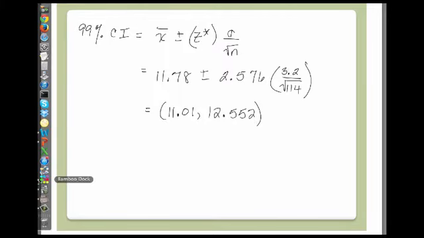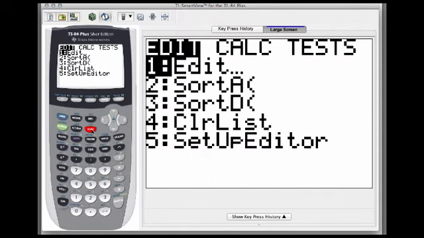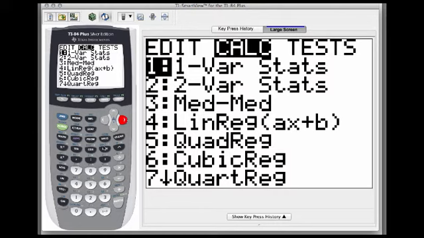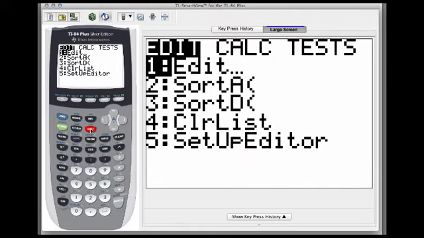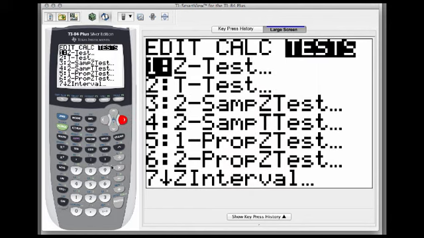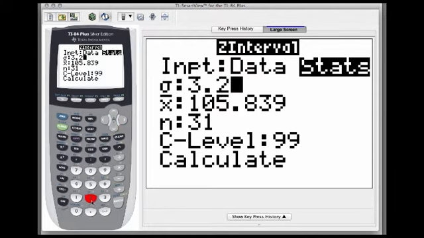All right, so let's go ahead and do that with the calculator features. Remember, just hit stats and across to tests. It's number 7. Oh, I didn't go to tests. All right, so it is statistics we have. Standard deviation's 3.2.